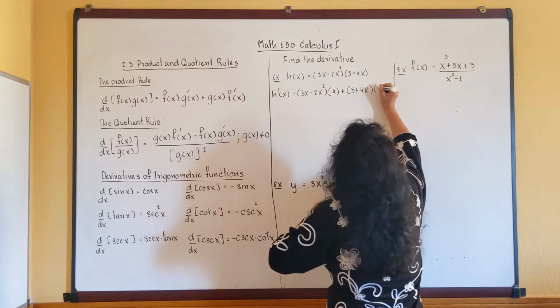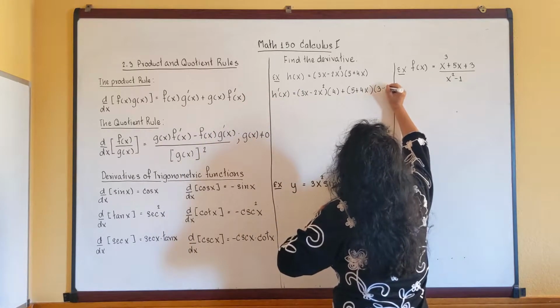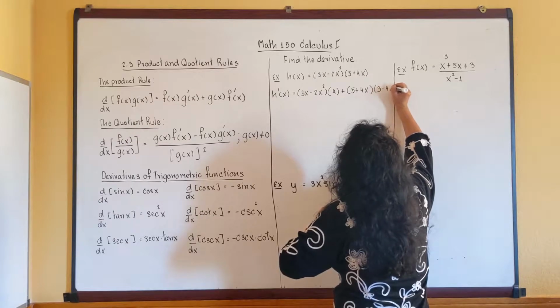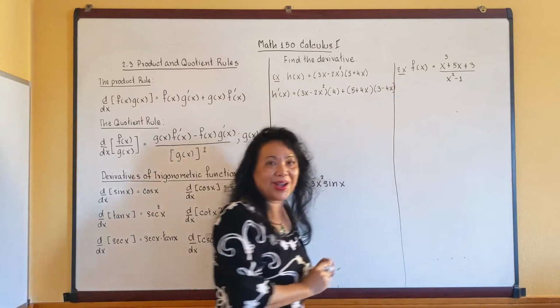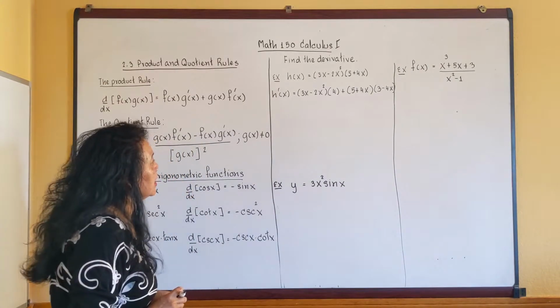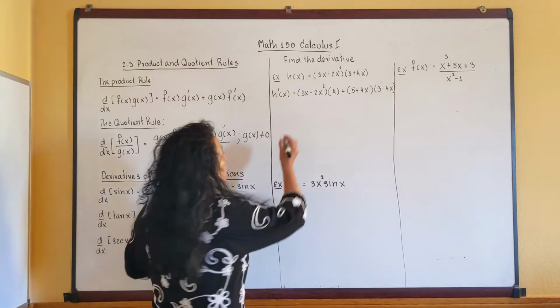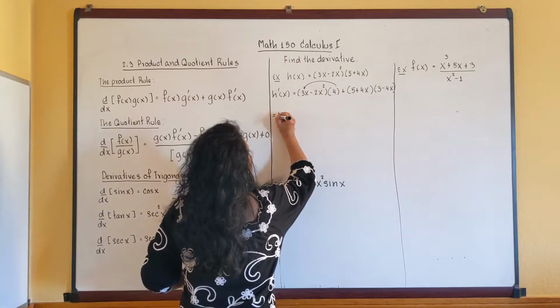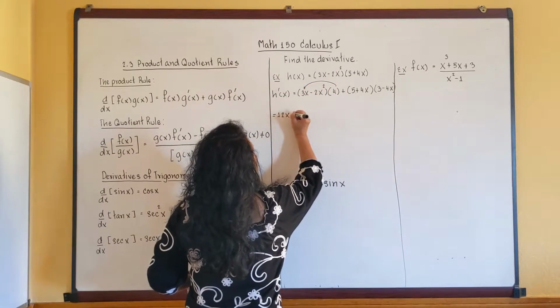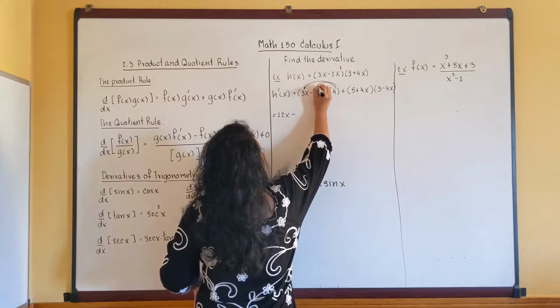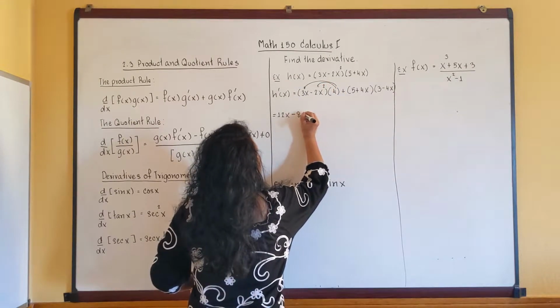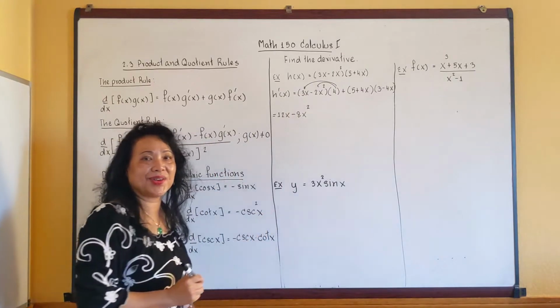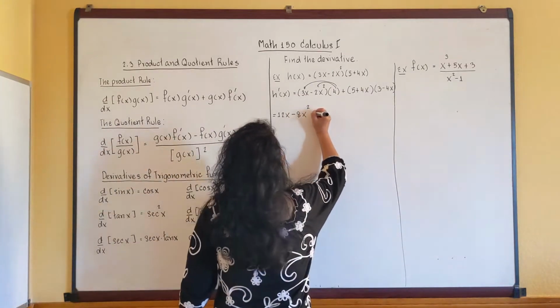Derivative of the first will be 3 minus 4x. From here, I'm going to distribute the 4 in. So 4 times 3 is 12x minus 8x squared.